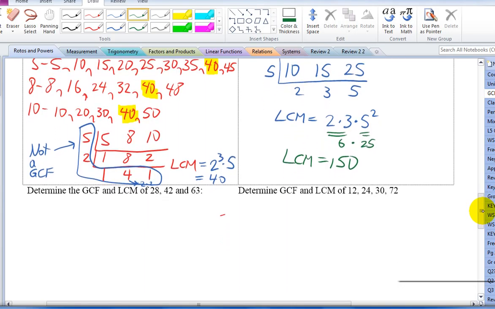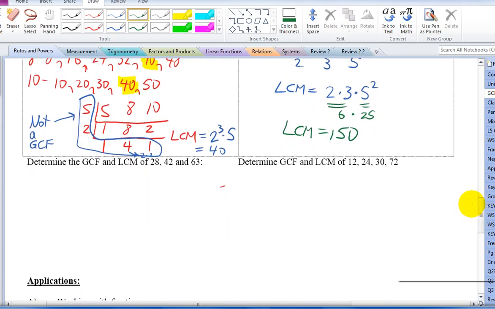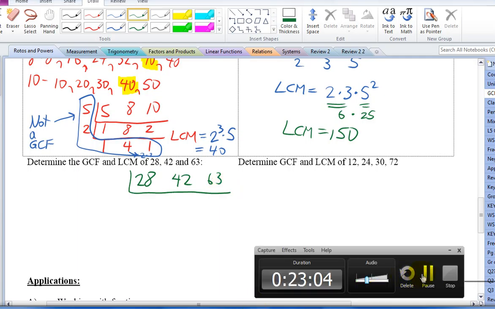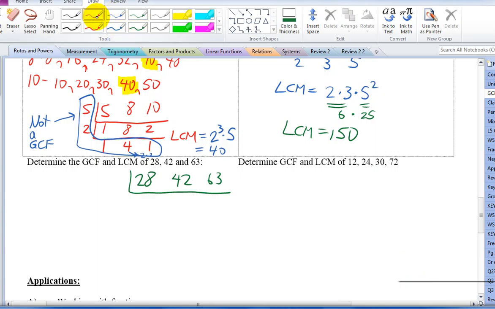How you guys doing so far? Okay, good. Let's try this one. 28, 42, and 63. There is a prime factor. Hmm, 4, 6, and 9. Can you divide all 3 by the same number?